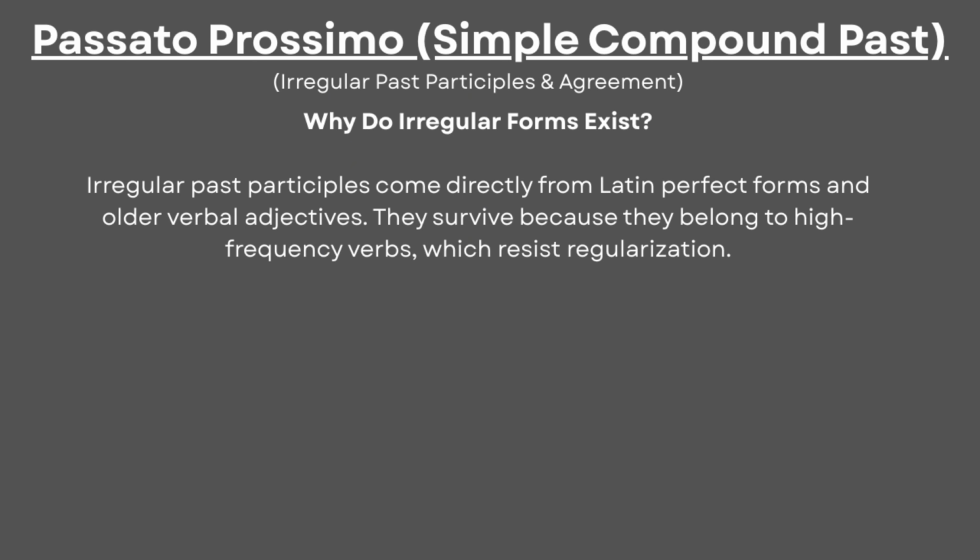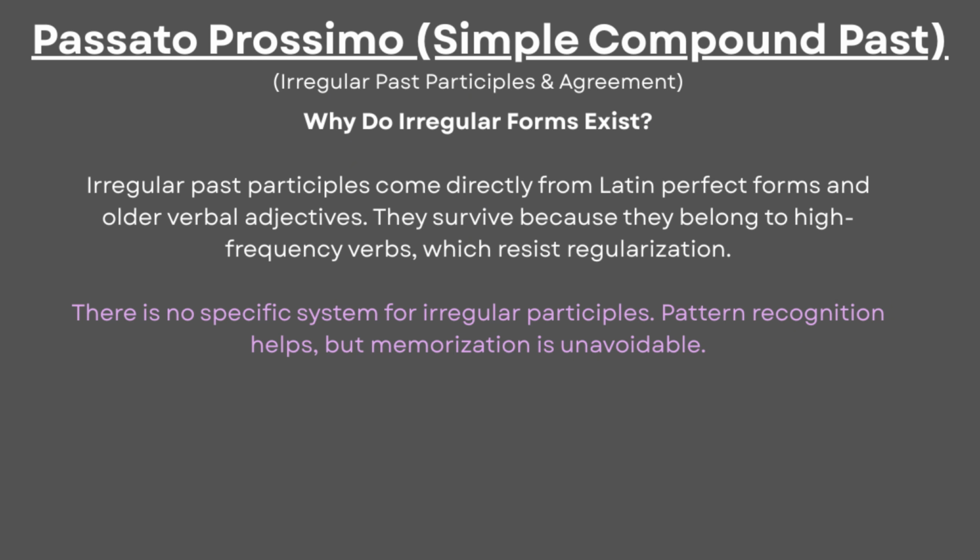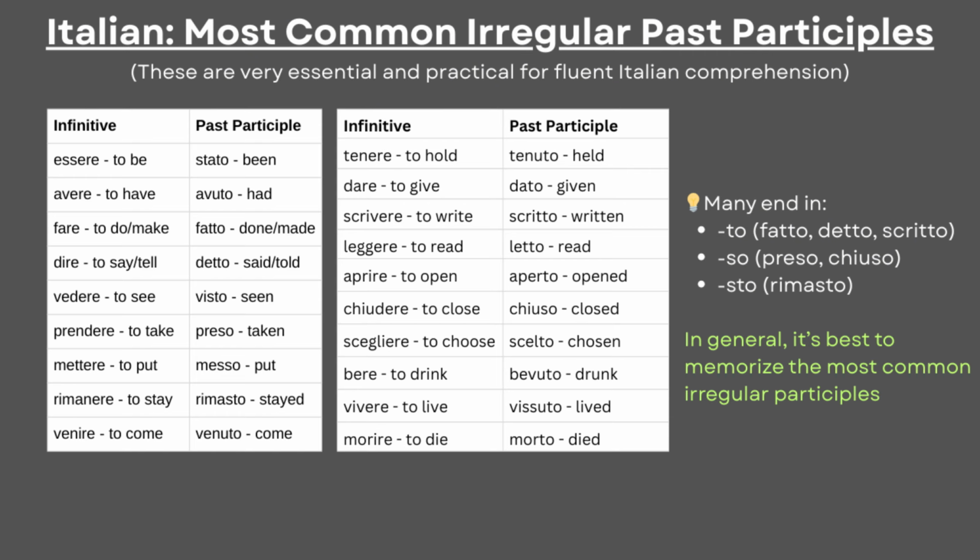For this reason, there is no specific system for them, so we have to recognize some of their patterns and memorize them. Of course, knowing all irregular participles is impossible, so as a rule of thumb, it's better to see the most commonly used participles whose patterns somewhat help, because they end in to, so, or sto.